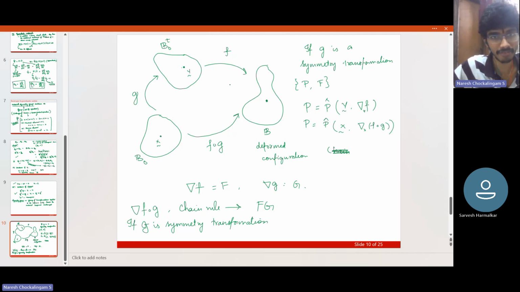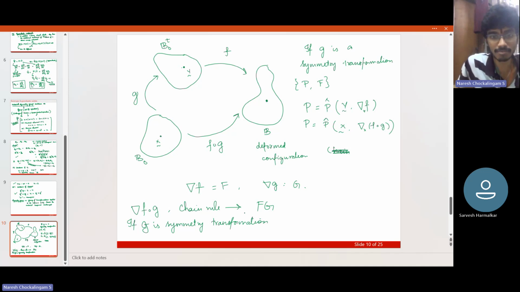But if you rotate it by 45 degrees or 100 degrees, the appearance will be changed. So rotation by 90 degrees is a symmetry operation for the square. Therefore, it's a symmetry transformation. Similarly, for the material, whatever transformation leaves the material response unchanged is a symmetry transformation. And the collection of all such symmetry transformations along with an operation constitutes a symmetry group.